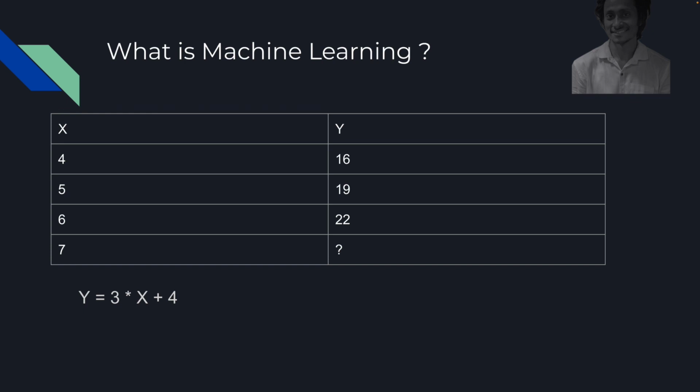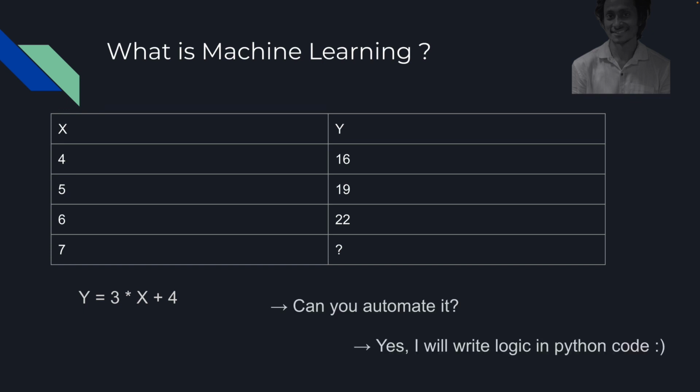Now, if this is the pattern you have identified, can you tell me what is the value of y when x is 7? Well, since you know the pattern, you can simply substitute 7 in this x and identify that the next number is simply 25. This would be 25.